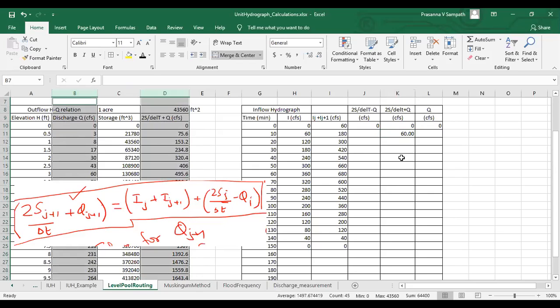I know that at time step j plus 1, 2s by delta t plus q is 60, which is somewhere between 0 and 75.6. So if 2s by delta t plus q is 60, then q must be somewhere between 0 and 3. Are you guys following? You understand what I'm doing over here?